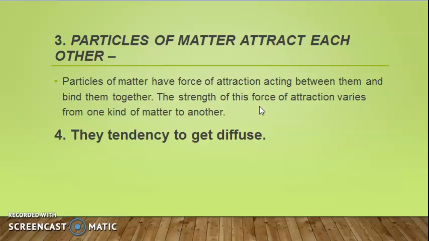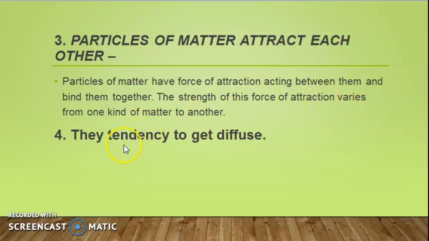Because of this force of attraction, any state of matter remains as it is. Like in solids, the force of attraction is very high. In liquids, the force of attraction is less. And in gases, the force of attraction is negligible. That's why they are free to move from one direction to another. That we will discuss later on.